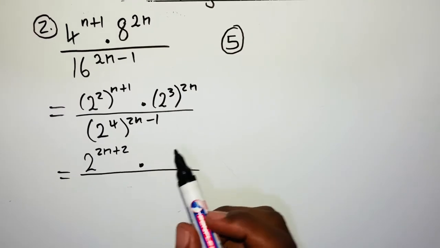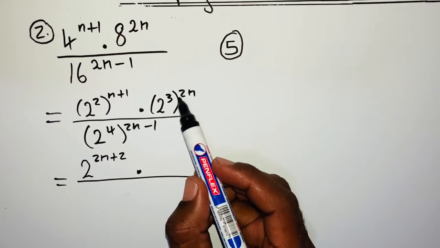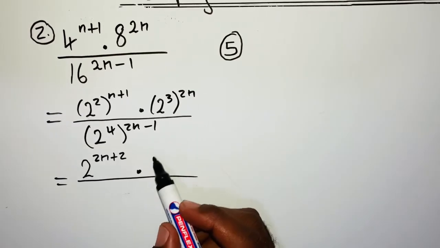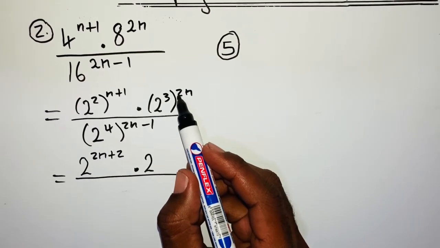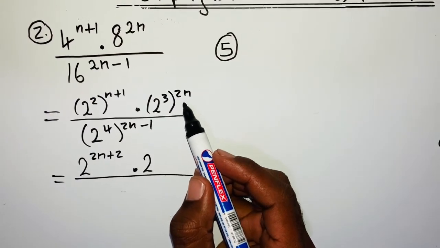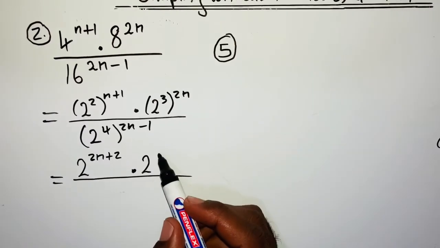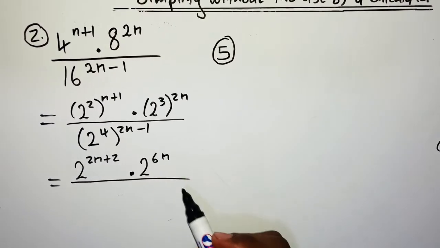Then we have 2 to the 3. Outside we have a 2n. So this will be our 2, then 3 times 2n, which will give us 6n.